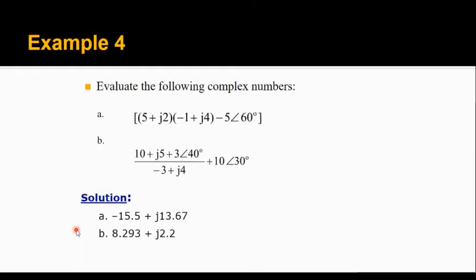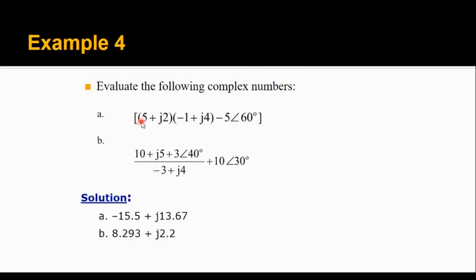Okay, we go to example 4. In this example, we want to evaluate the following complex numbers. You're given the rectangular form over here. Two of these are rectangular form, and the other one is in the polar form. If you do it mathematically, you can transform everything into a single form. Maybe you want to use only rectangular, or maybe only polar form.